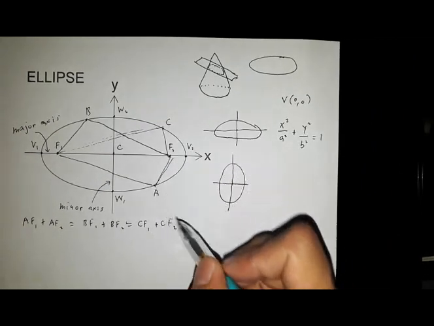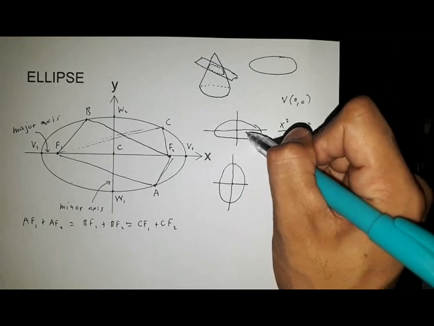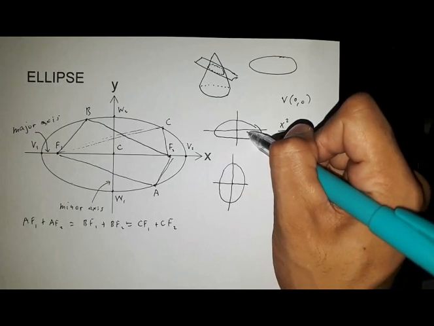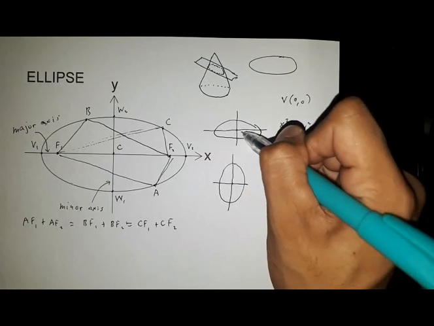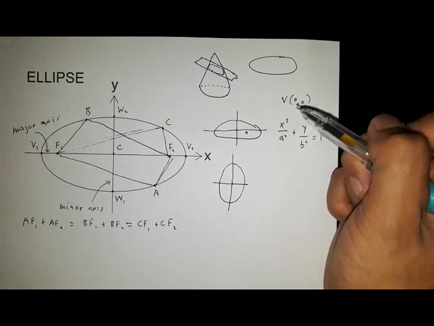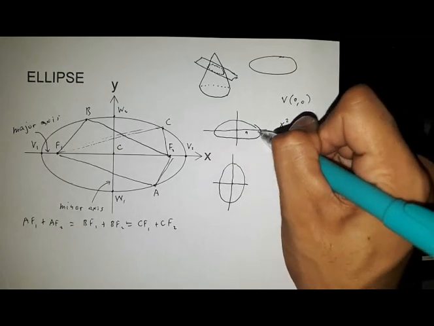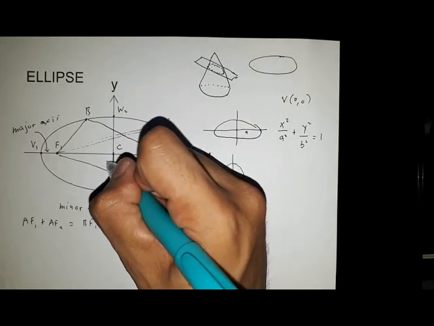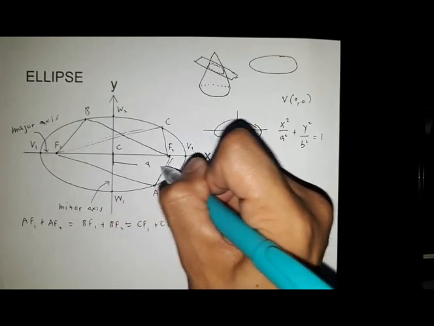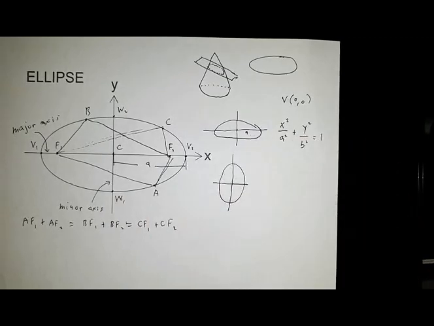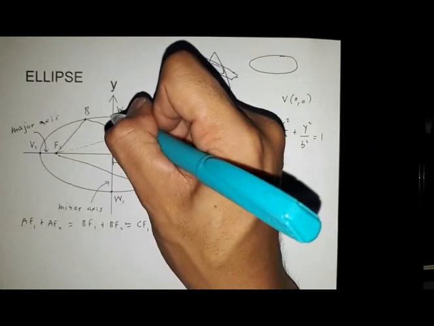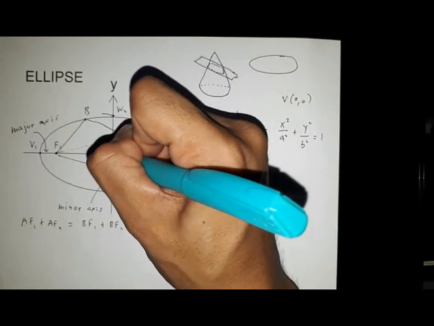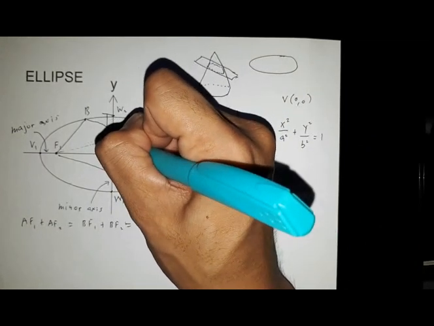So this is your distance a. Your b is the distance from the center to the co-vertex. So this is your distance b.